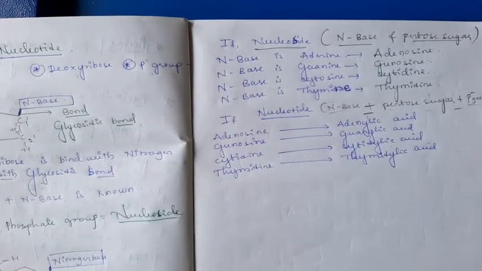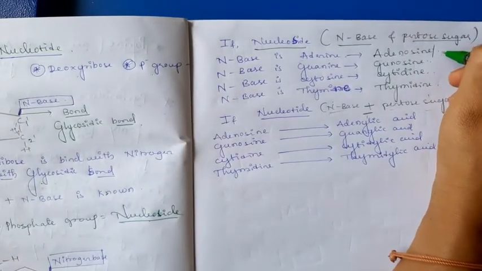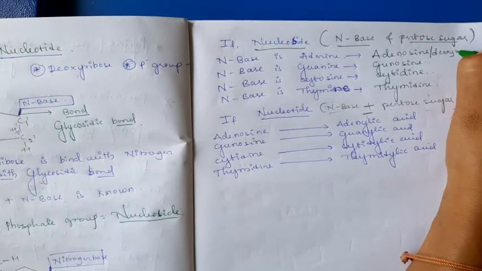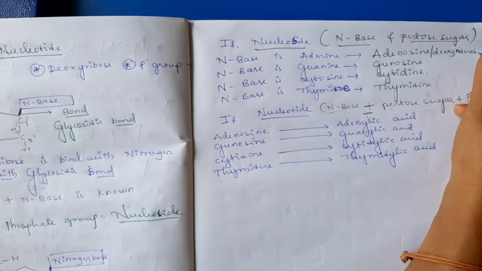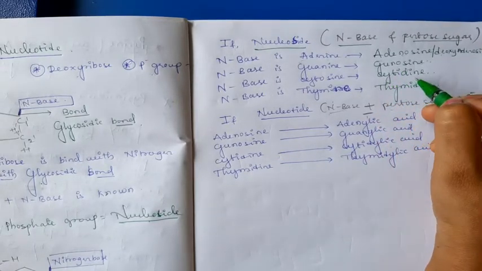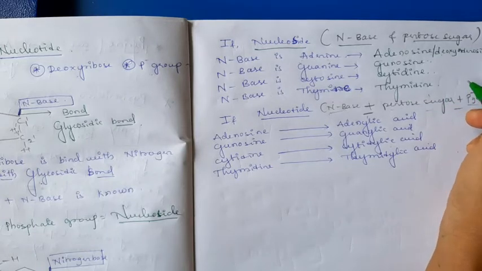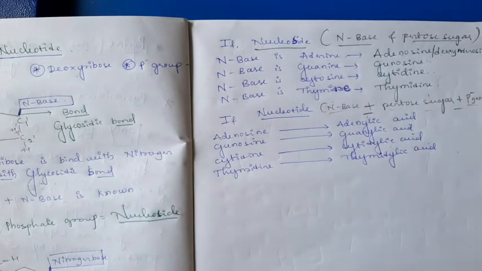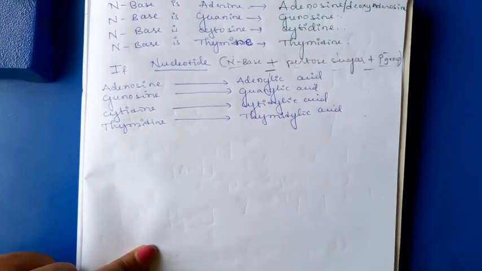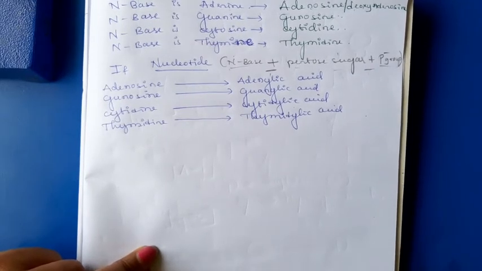Okay. Here the adenosine is also known as deoxyadenosine. Here I will write deoxyadenosine. Like that, for guanosine, deoxyguanosine. For cytidine, deoxycytidine. For thymidine, deoxythymidine are the naming of nucleosides. Here we discussed the bond between the nucleotide and nucleoside.